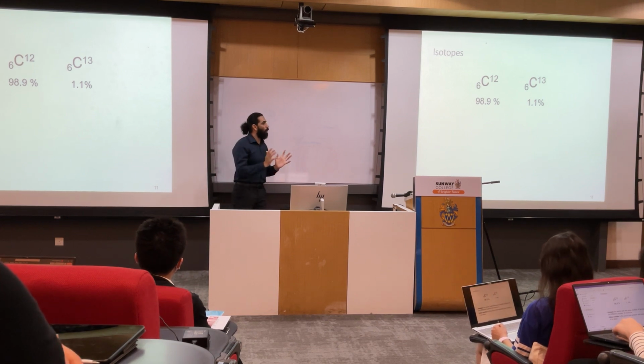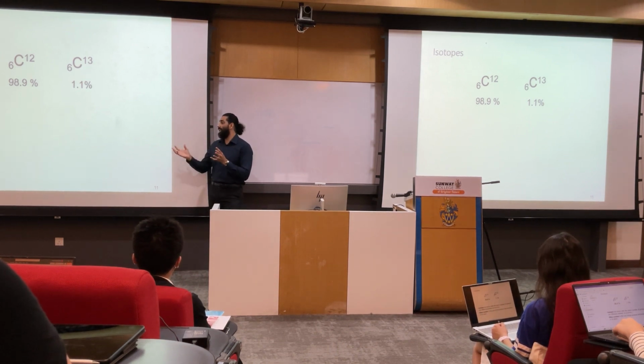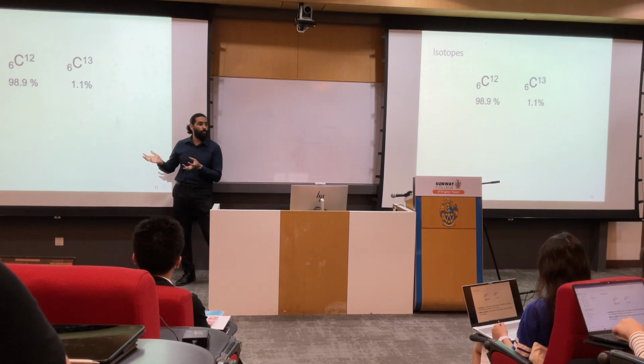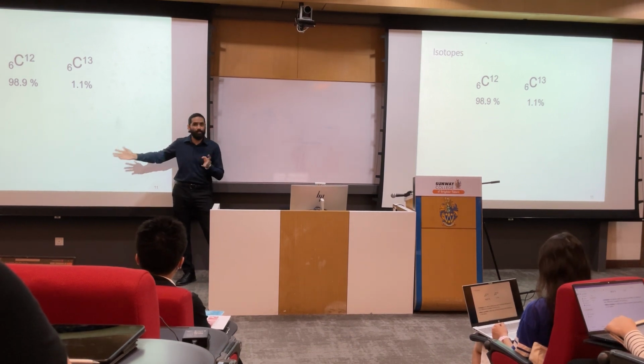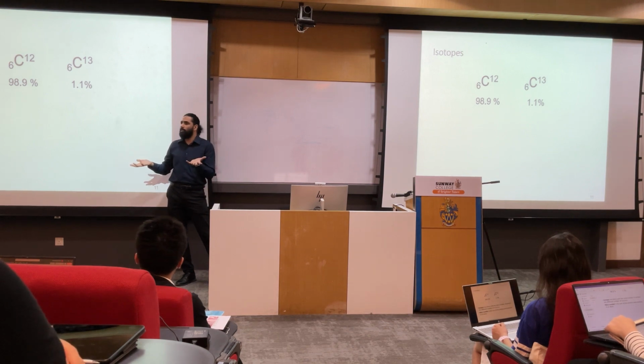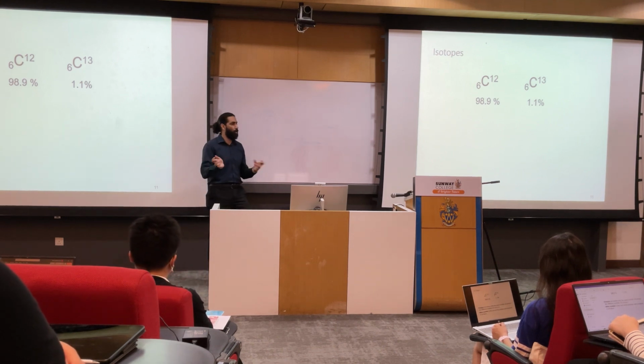Yeah? So isotopes, by definition, are atoms of an element which have the same atomic number but different mass number, right? Or the same number of electrons and different number of neutrons. These are the two definitions. Both have a similar impact on the overall things, so you can remember whichever you want.